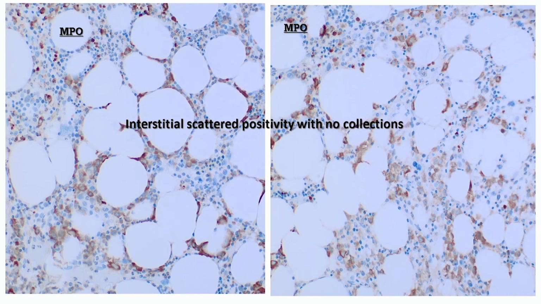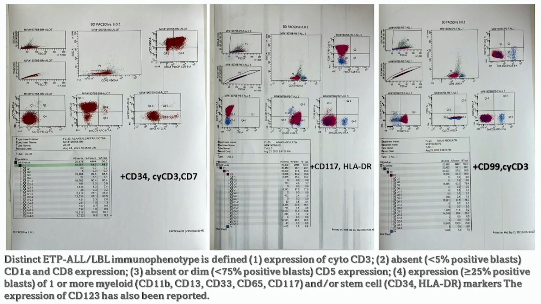The blasts tend to adhere and coalesce together rather than be separated away from each other. So as you can see here, this patient was an ETP-ALL. We released it as ETP-ALL, and again, I'm asking everyone to do 2 types of MPO testing.